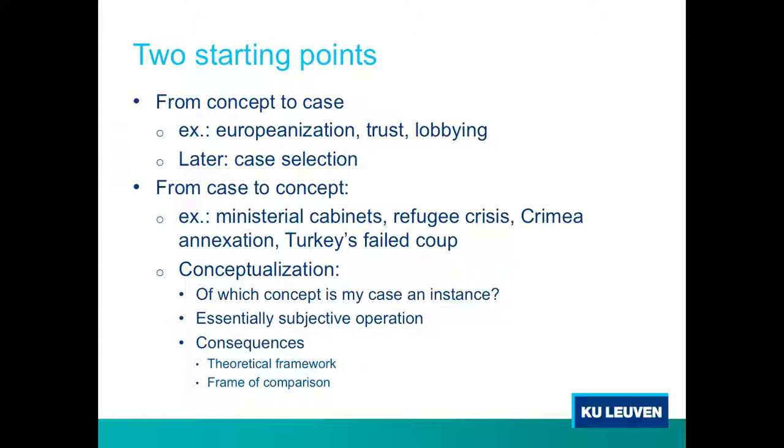In this case, the starting point that is proposed to you is a concept, right? And what you have to do is to go from the concept, so from the abstract level, to the empirical level, to the case level. To do that, the operation is the case selection. We will focus on this operation later on. In this video, I want to focus on the other operation, the conceptualization.